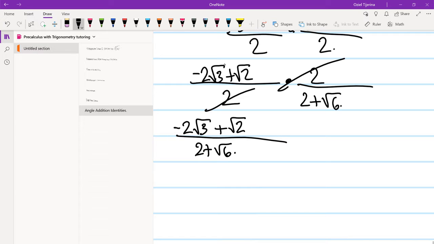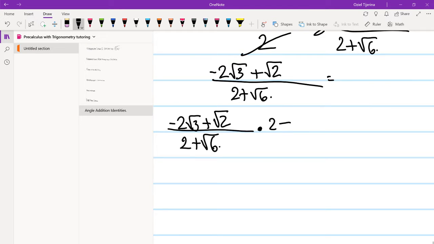So you would do negative 2 square root 3 plus the square root of 2 over 2 plus the square root of 6. And then you have to rationalize it by multiplying by the conjugate, so times 2 minus the square root of 6.